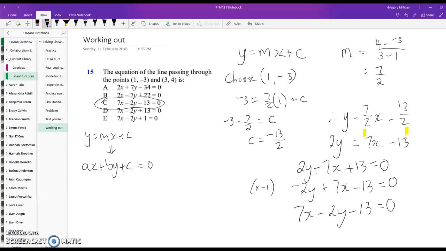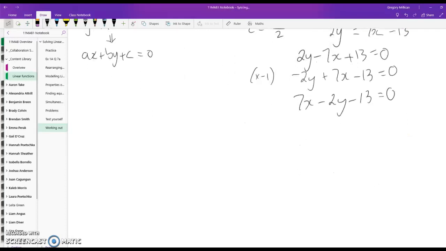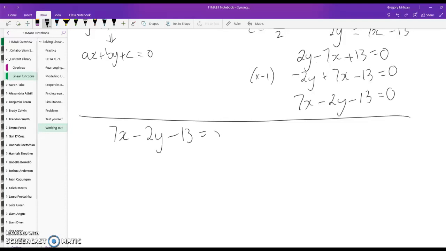Now, how do I graph that? Well, graphing it is quite simple. If I'm going to graph that type of function, 7x minus 2y minus 13 equals 0, we use the intercept method. Intercept method means if I want to find the x-intercept, I let y equal 0.